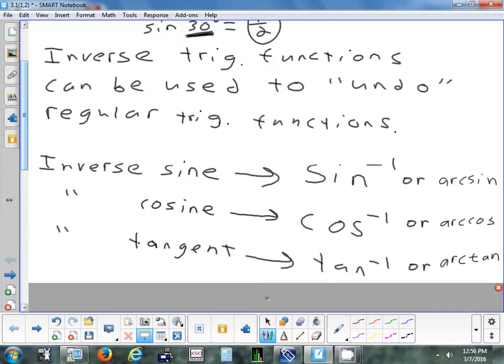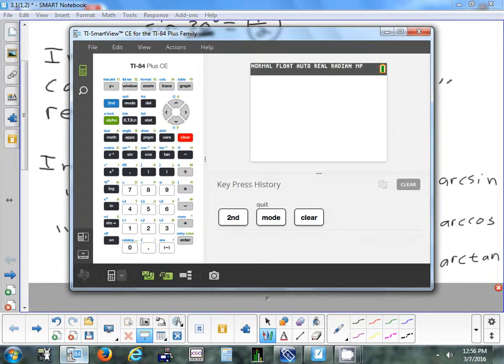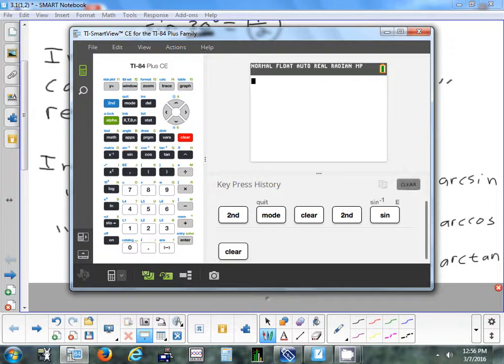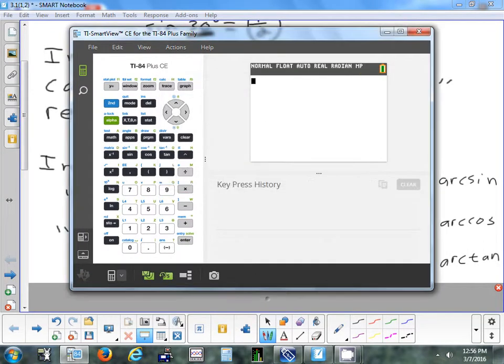All right, so how do we type them in? Okay, usually to get to the inverse trig buttons, you have to press second, and this is for scientific calculators as well. And then pick sine, cosine, or tangent. Okay, when you press that, it'll fill in sine to the -1. Okay, so just press second and then sine. Okay, if you want inverse tangent, just press second, tangent.